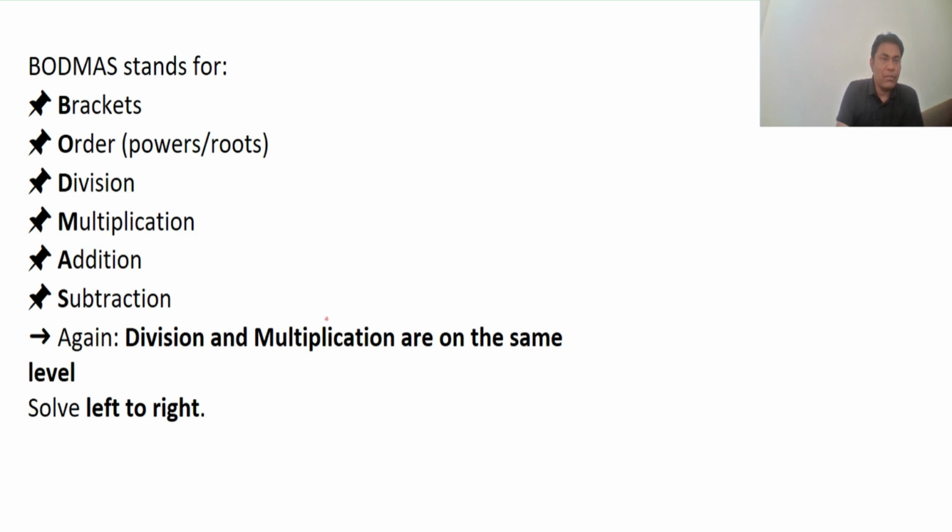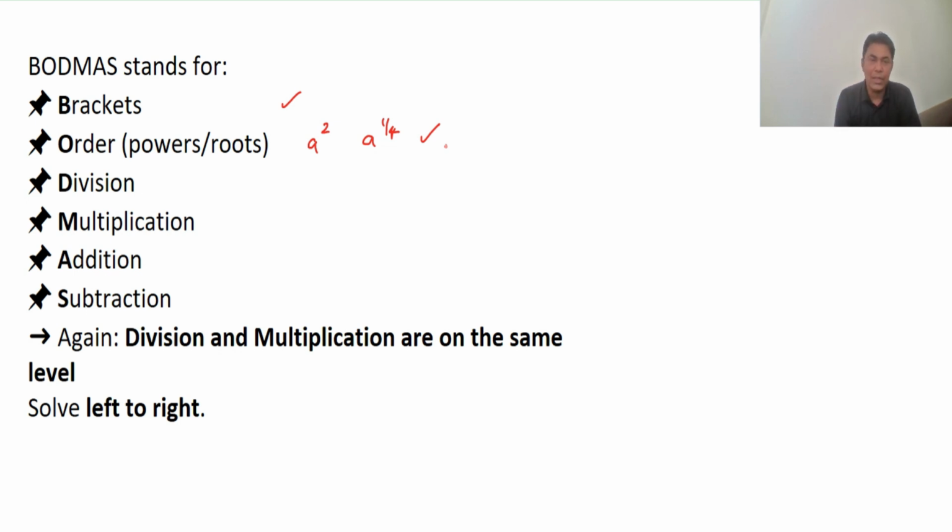Similarly, we have another rule called BODMAS, and BODMAS is the same as PEMDAS. Very first in BODMAS, we operate brackets just like we did in PEMDAS, and second we operate the orders, powers or roots. Like if we have a term like a raised to 2 or a raised to 1 by 4, this operation will be calculated first, followed by division and multiplication.